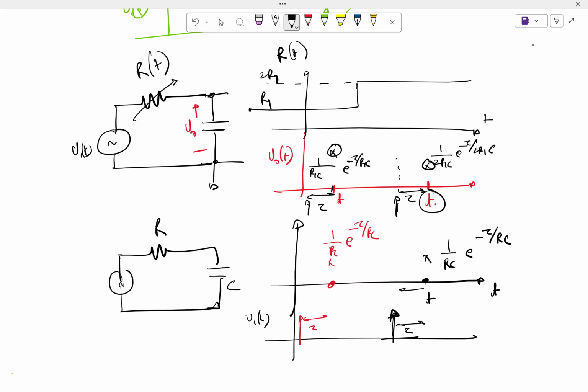Right? So this should be intuitive, because if the system itself changes, why should we expect the impulse response, which is a property of the system, to be constant? So you can think of it as a combination of two systems in which at some point of time the R was R1, and at other points of time the R is 2R1. So a combination of R1 and C is going to have some sort of impulse response.